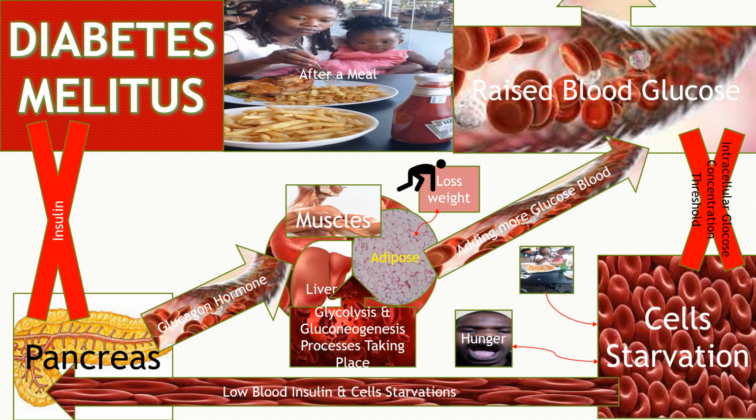After 8 to 12 hours of cell starvation, the glucagon hormone further stimulates the breakdown of non-carbohydrates like stored fats and stored protein to form glucose, which is again added into the bloodstream, raising more and more blood glucose concentration. When the glucagon stimulates the breakdown of non-carbohydrates, a person loses weight.